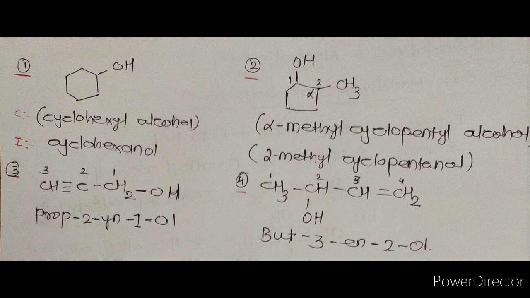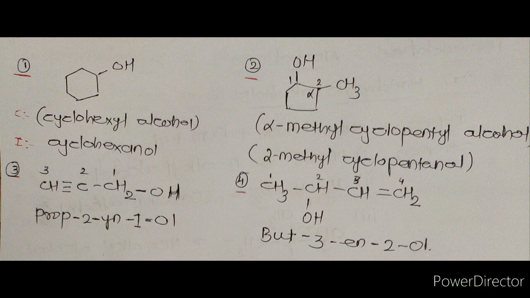For the IUPAC name, the OH-containing carbon gets the first position, so we get the CH3 on the second position. A few more examples. Third one, CH triple bond C CH2OH. Here a triple bond is present, so we use yne, but the priority of OH is more than the triple bond, so we give the numbers in such a way that OH gets the lower number.